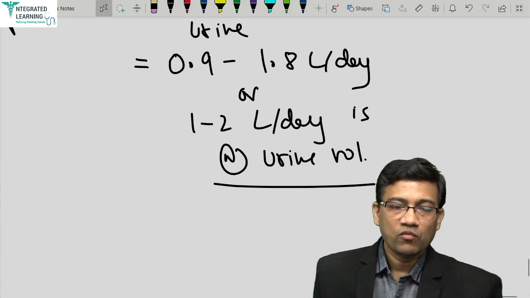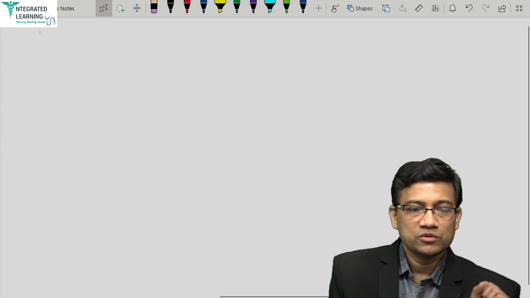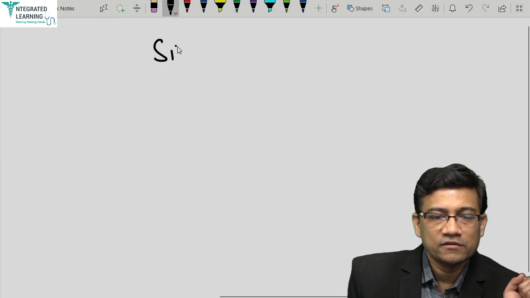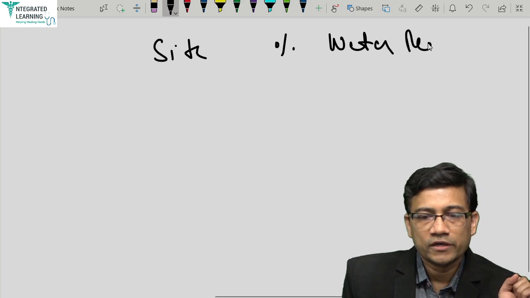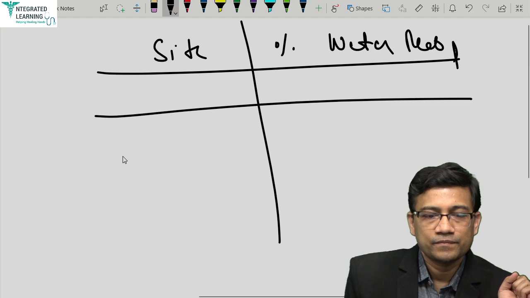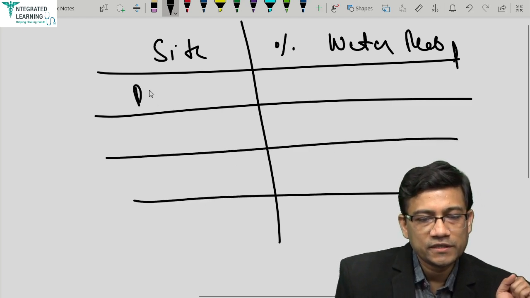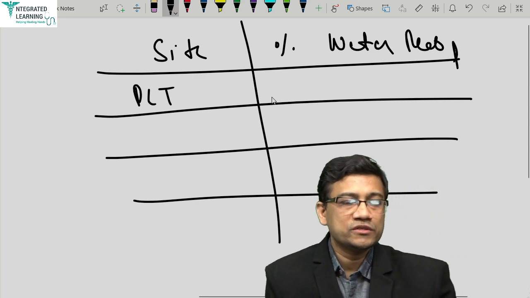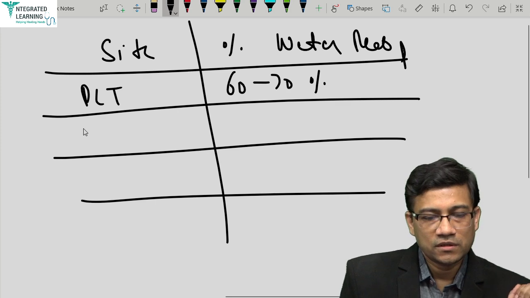Now let's see the sites where water is absorbed. First, site and percentage of water reabsorbed. I will start with the PCT, same as sodium, because water follows sodium: 60 to 70%.